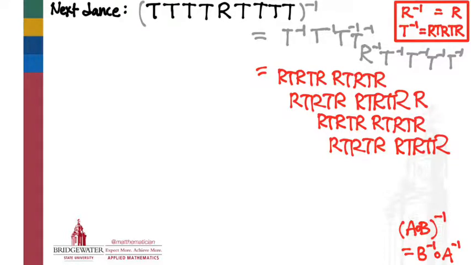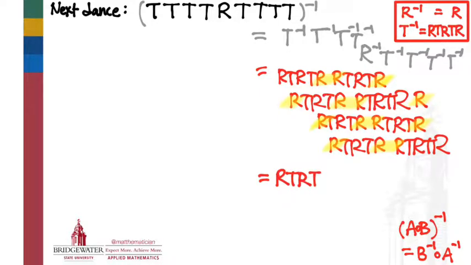Now, it may not be the simplest way to write it. In particular, I can already see some low-hanging fruit simplifications. We have a lot of double R's. Here's a pair, here's a pair, here's a pair, here's a pair, here's a pair. I think that's all of them. Then we're left with TRT, which is the identity only when starting from the empty tangle.